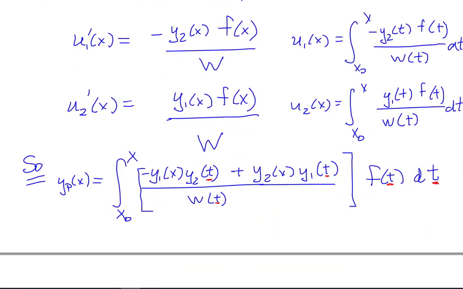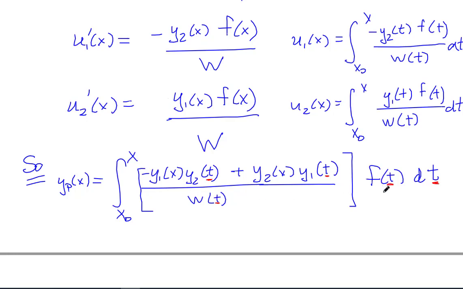So to get u1, we integrated from our initial condition to some particular x, and we did this for u2 as well. So my particular solution, if I put all of this stuff in, remember we had u1, y1, u2, y2, put all of that in and keep it in integral format, you see we've got this piece in here.